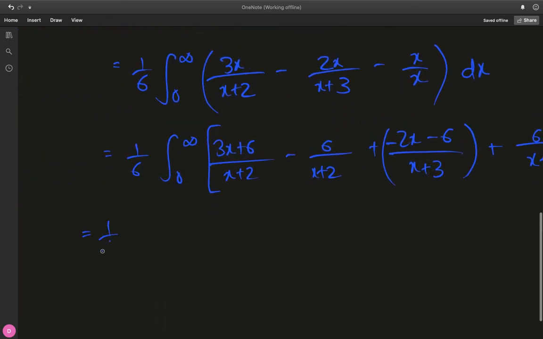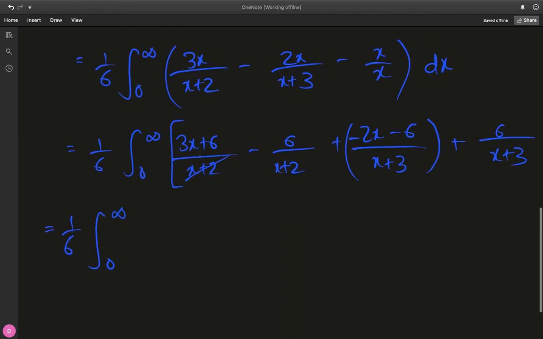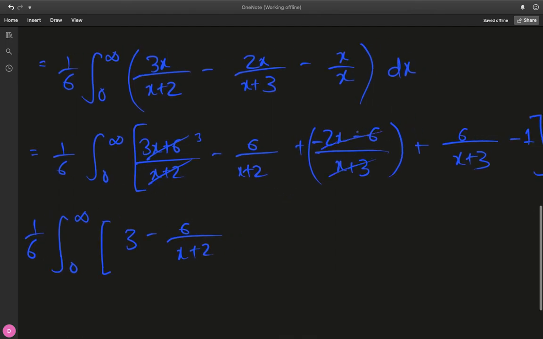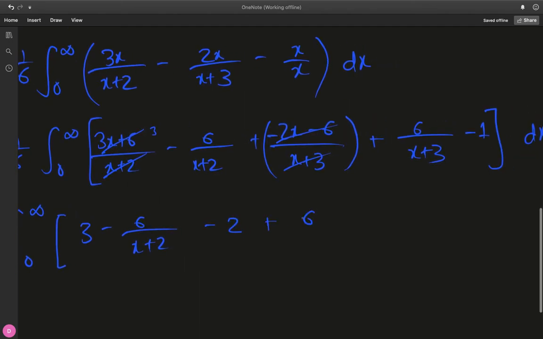So this becomes 1 over 6 times the integral from 0 to infinity of, this goes with the denominator, 3 times 3 minus 6 over x plus 2. This goes with the denominator again, negative 2 times negative 2 plus 6 over x plus 3, minus 1, dx.